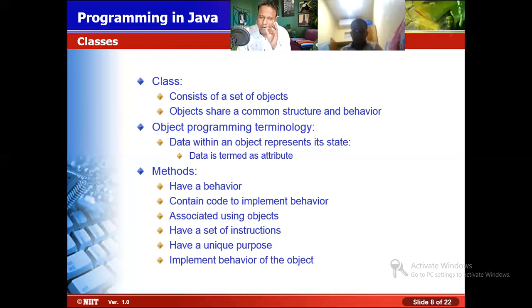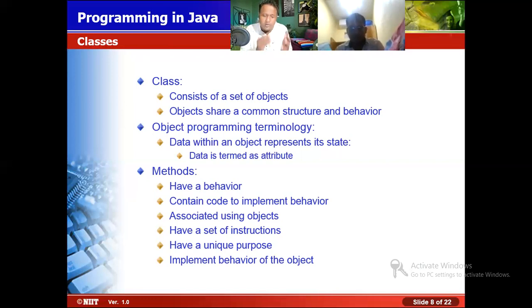Bluetooth has a unique function, Wi-Fi has a unique function. A method is a behavior and contains the code to implement the behavior. It is associated with an object.